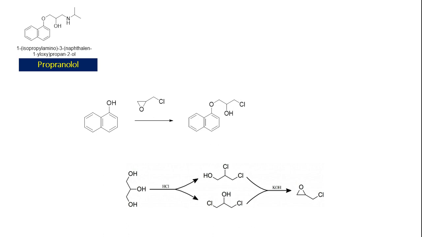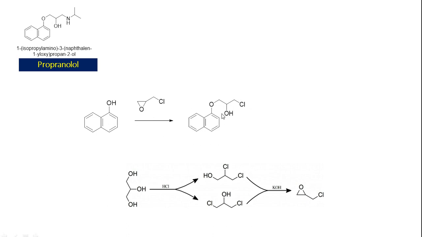The glycerol is taken and boiled with HCl to obtain chloro substituted products like this. This mixture upon treatment with KOH industrially produces epichlorohydrin. So in this way a chemical reaction like this is supported.